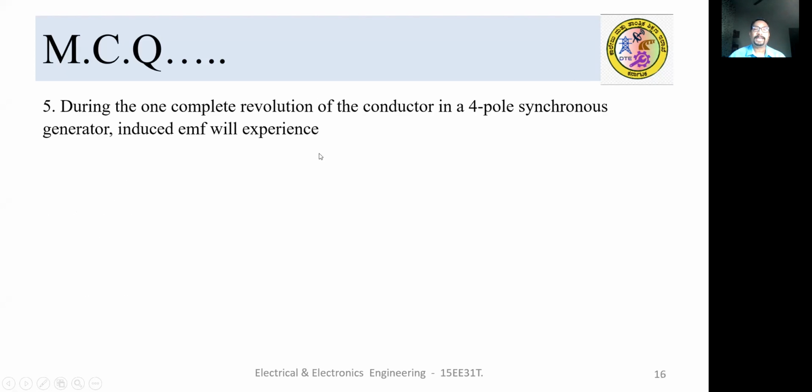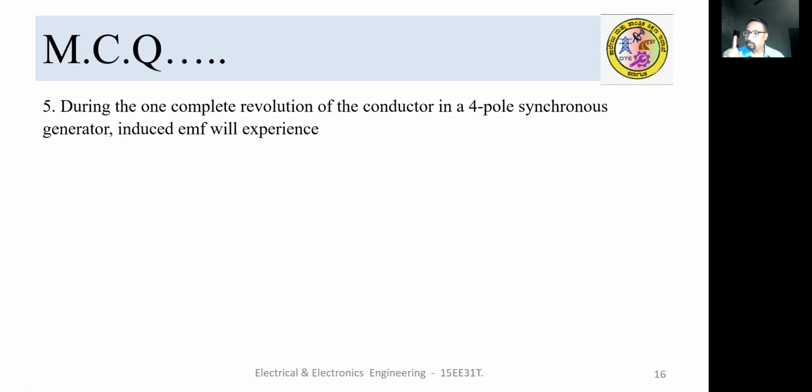induced EMF will experience, in a four-pole synchronous generator. During one complete rotation, remember, for a single-turn coil that completes 360 degrees of rotation, one cycle of EMF will be induced. Here it is given four pole.